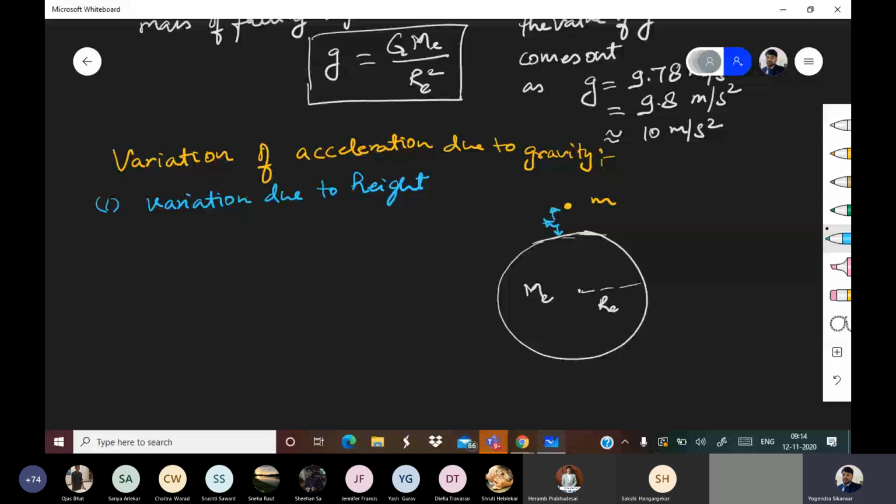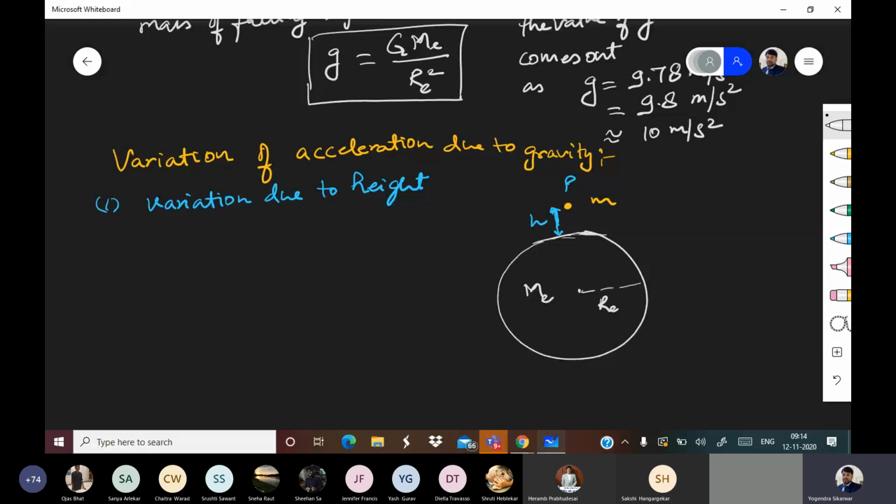And as we are using the word height, that's why we are using the symbol h. So basically we are trying to find how much will be the value of acceleration due to gravity at point P, which is height h above the earth's surface.